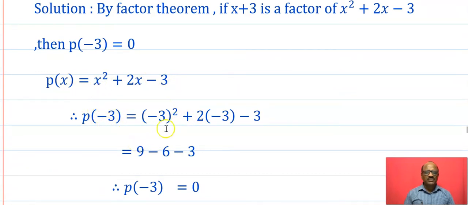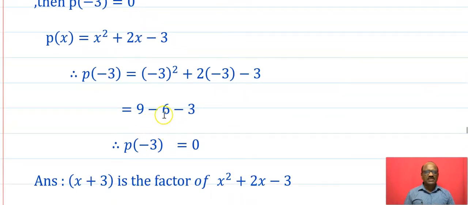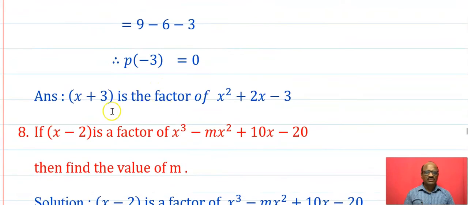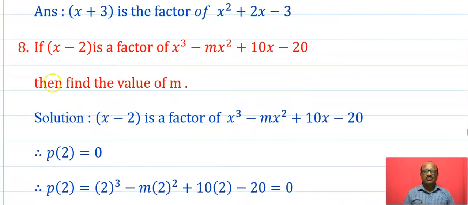That is, p of minus 3 is equals to minus 3 square plus 2 into minus 3 minus 3. Minus 3 square means what? 9 minus 6 minus 3. Overall you will get 0. Therefore, p of minus 3 is equals to 0. Therefore, the value of that polynomial is 0, and therefore x plus 3 is the factor of x square plus 2x minus 3.